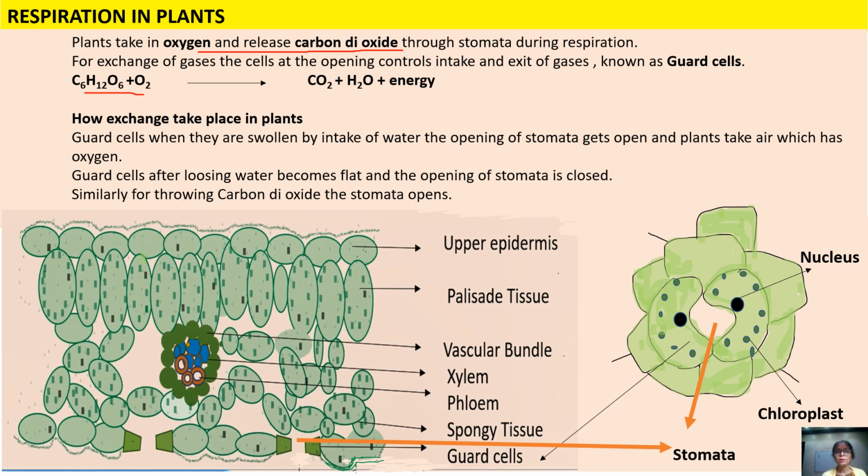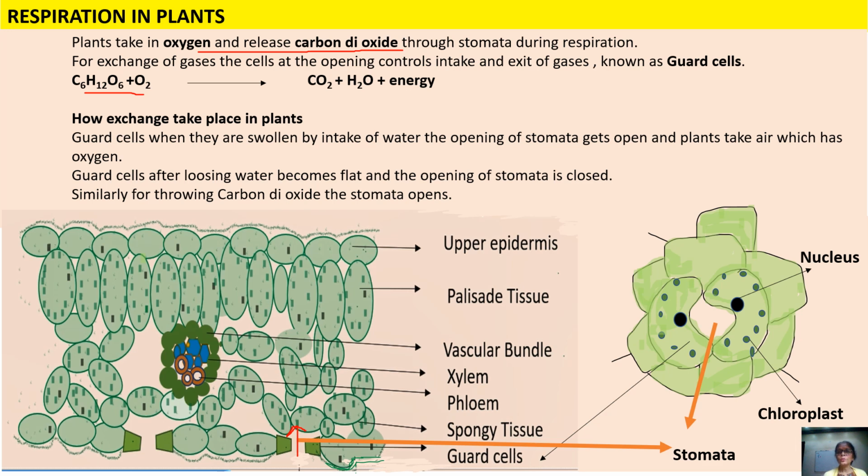How is it controlled? The plants, as I have told you, take oxygen or carbon dioxide by a process known as diffusion. Through diffusion, the gases enter the stomata. Stomata is just an opening on the surface of leaf, which are more on the lower side of the leaf than the upper side. How is this opening controlled?